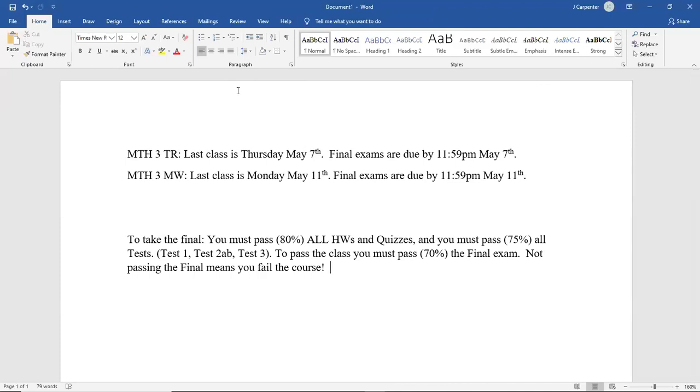Quite honestly, the difference of the R and the U is negligible. It's only for bookkeeping for the administration, as far as I've been led to believe. Remember, there is no GPA associated with this course. There's no A, B, C, D, or F. We are not using the new TCC grading scale because this is a developmental course that's not tied to GPA.